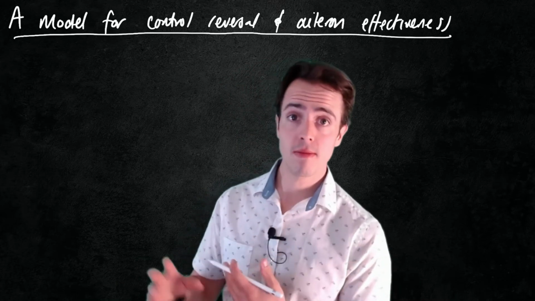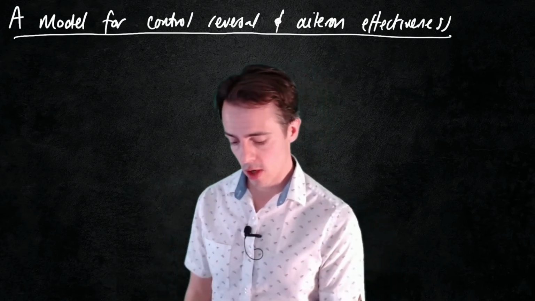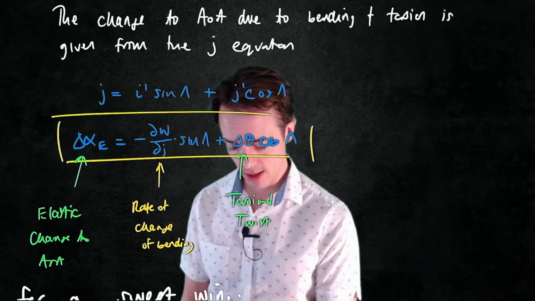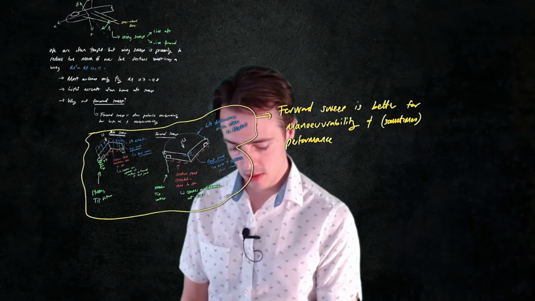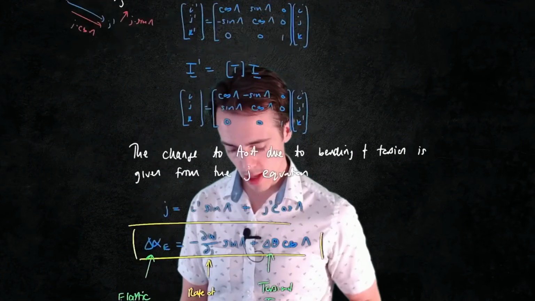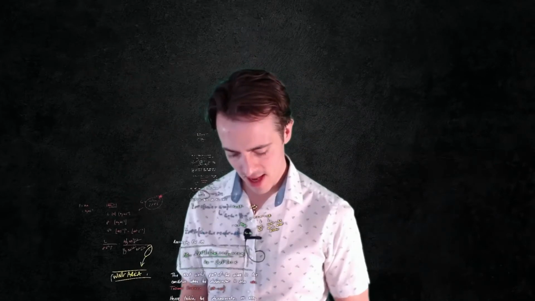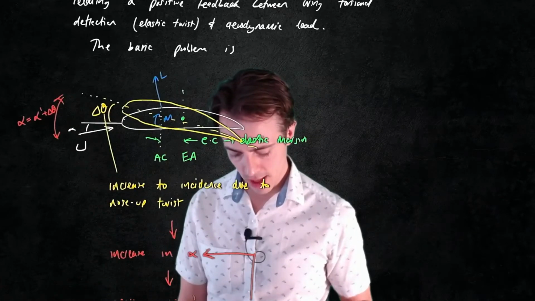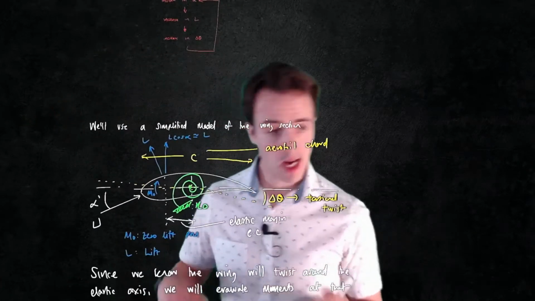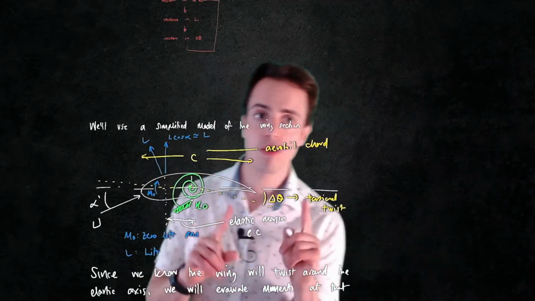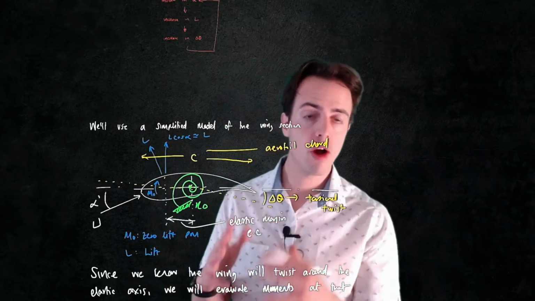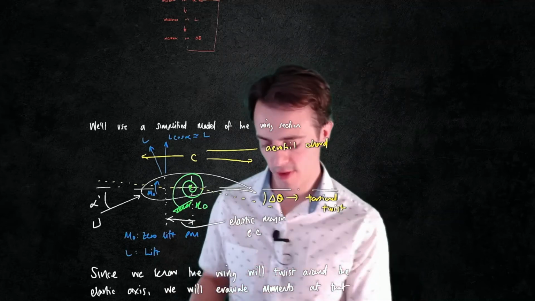So we can actually take the model that we developed for divergence. Let's go back and look at our divergence model here. I'm trying to think where our divergence model was. Here. We're going to modify this to include the aileron, and we're going to then work out, can we determine the control reversal speed?